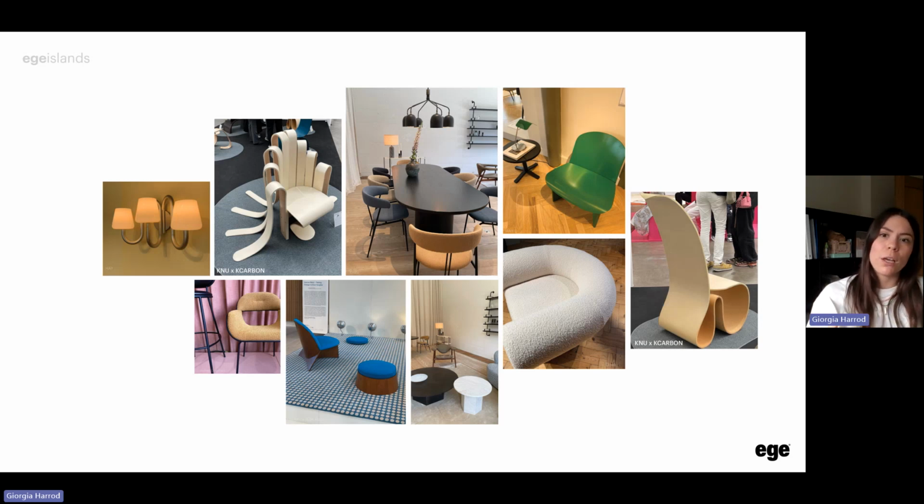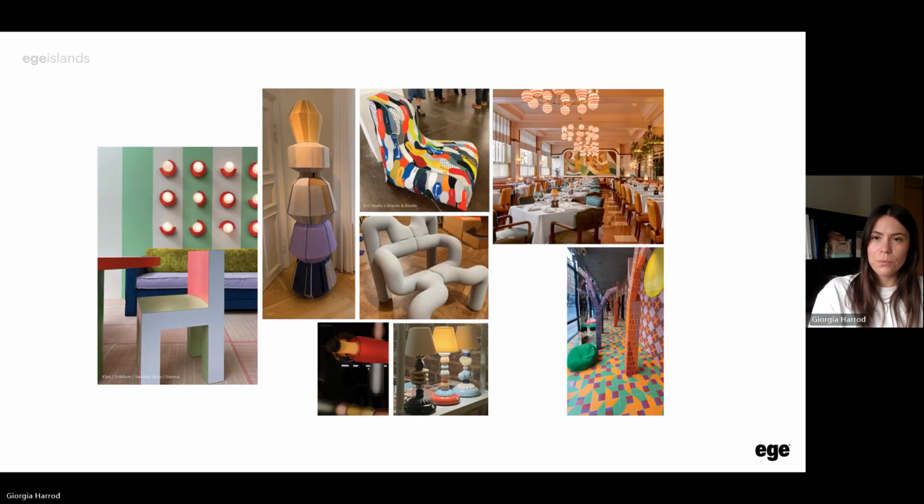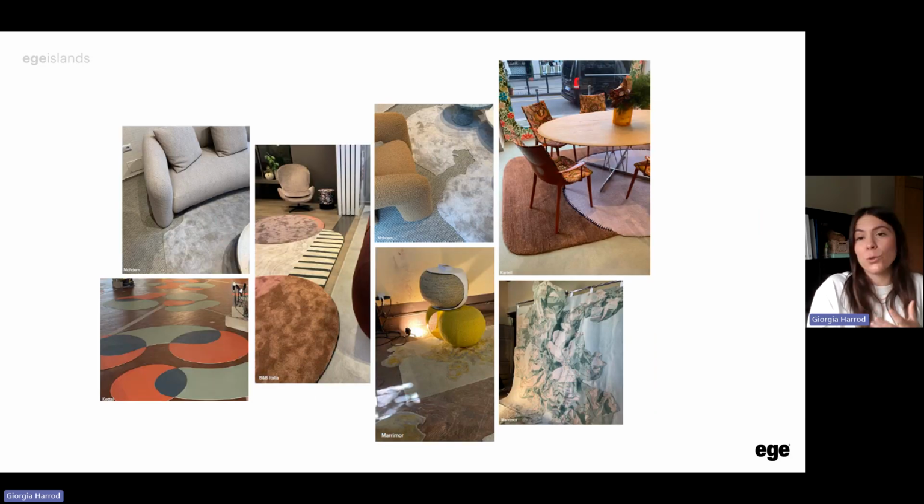In particular, curves and circles and pill shapes, softening spaces, creating a sense of being embraced and cocooned within a space. And in general, we've seen a more playful approach with shape and colour across furnishings and decor. And this has, of course, spilled into the shapes and delineation of space that we see across the floors as well, that we can create with rugs.